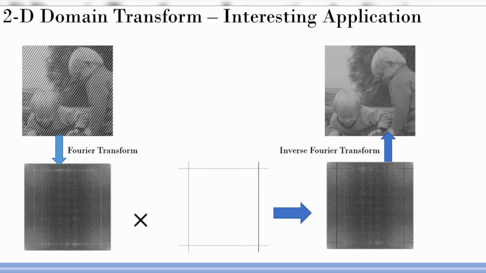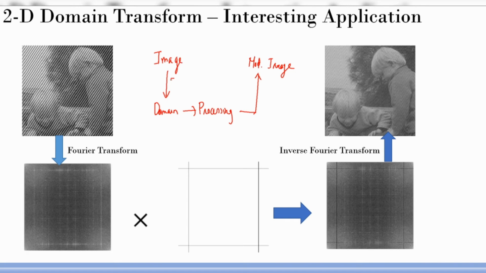If you do any spatial filtering operation directly, you will never be able to achieve this sort of result. So what we did is very interesting. It is something like this. You have the image space, and then you went to a domain representation of the image. In this case it is the Fourier transform, and then in the domain you do some processing. And then from there you went back to the image space, the modified image.